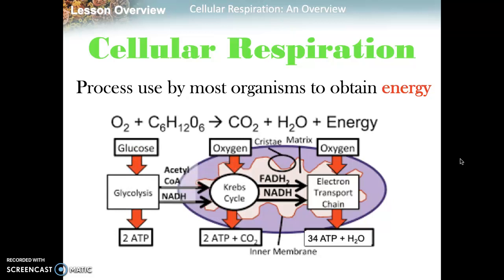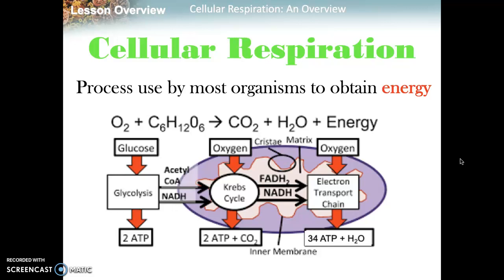Okay, again, you should have seen an equation very similar to this when we were talking about photosynthesis, when we said plants take in sunlight, water, and carbon dioxide to produce sugar and oxygen gas. Now what we are doing here in cellular respiration is basically reversing the process.